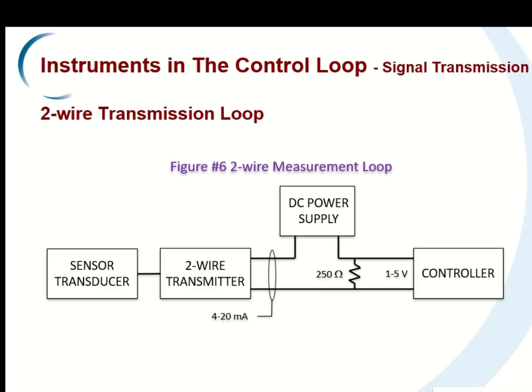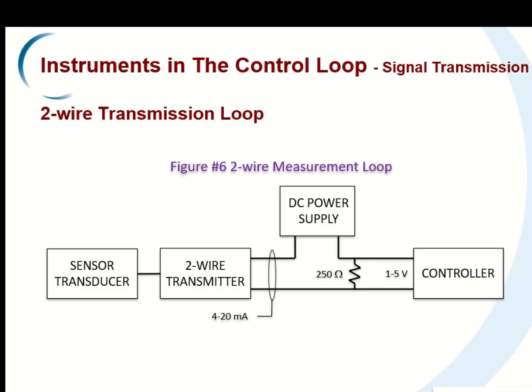In this system, a two-wire transmitter is powered by the external power supply, which is connected in series with the transmitter. The current signal lines are also the power delivery lines. The receiver may be a controller, a chart recorder, or any other instrument.